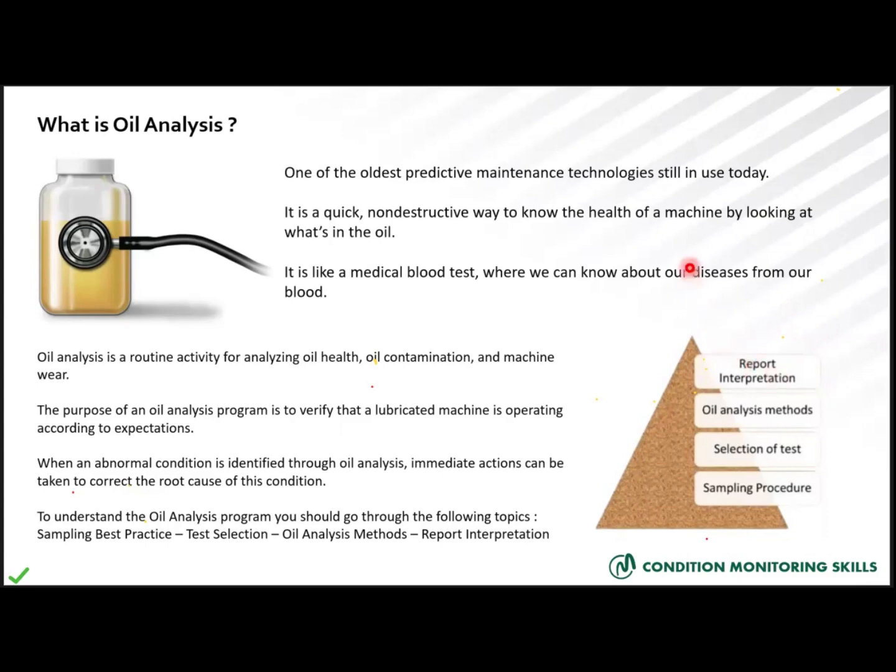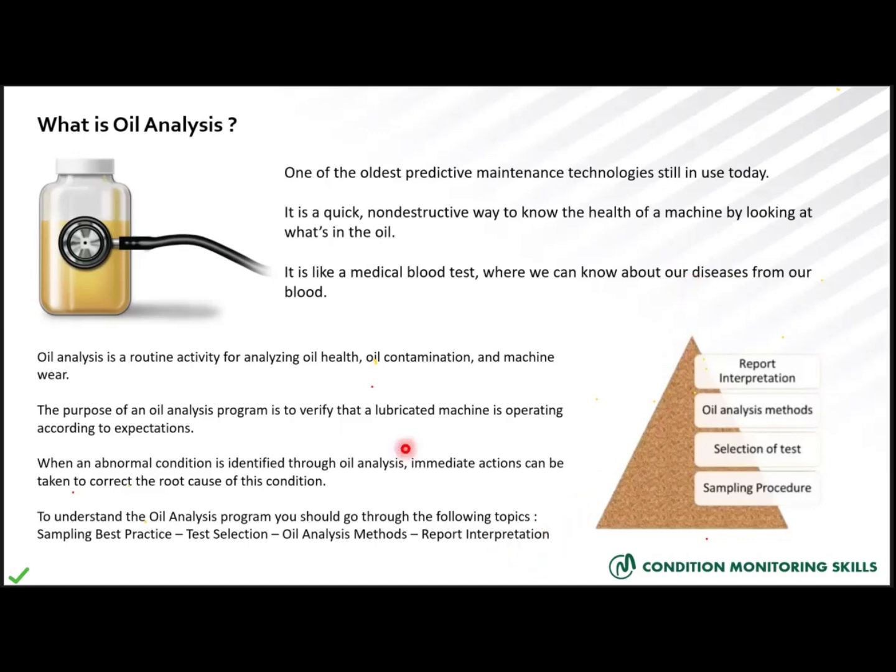The purpose of an oil analysis program is to verify that a lubricated machine is operating according to expectations. So when any abnormal condition is identified through oil analysis, we should plan, or may take, an immediate action to correct the root causes of this condition.